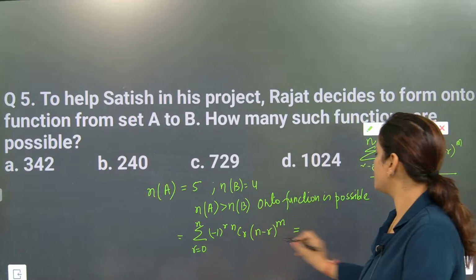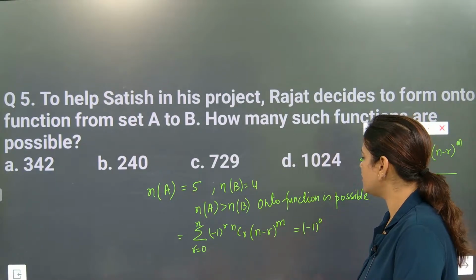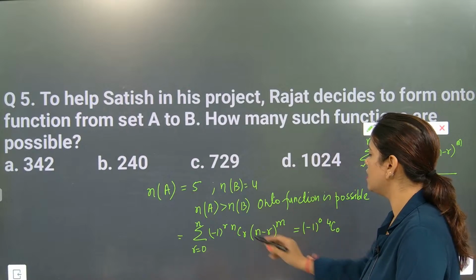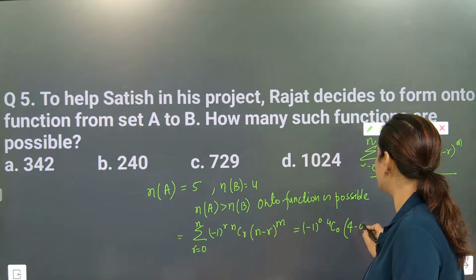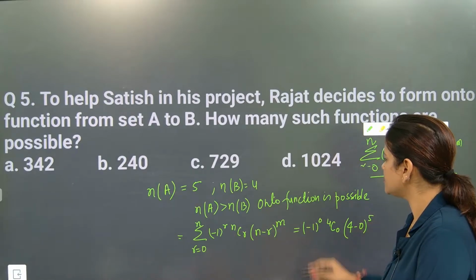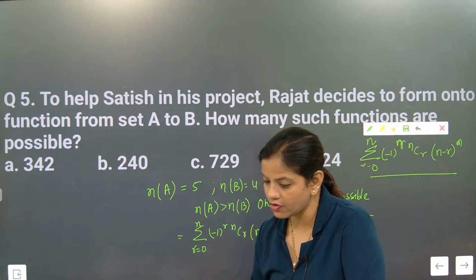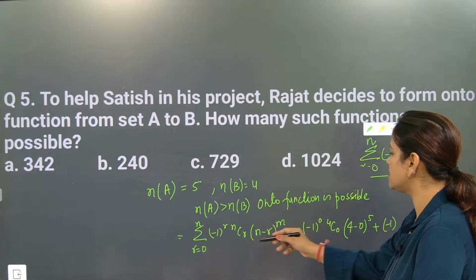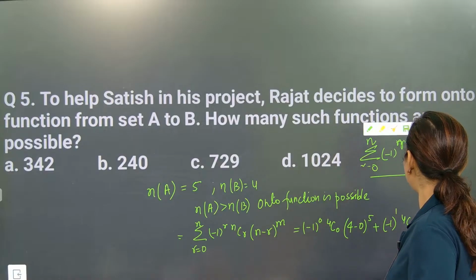The first term will become (-1) to the power r, where the r value is 0, so we start with 0. Now it becomes 4C0 and then (4 minus 0) to the power 5, because the m value is 5. Everywhere the m value will be 5; it will not change. Next term, r becomes 1: (-1) to the power 1, 4C1, (4 minus 1) to the power 5.